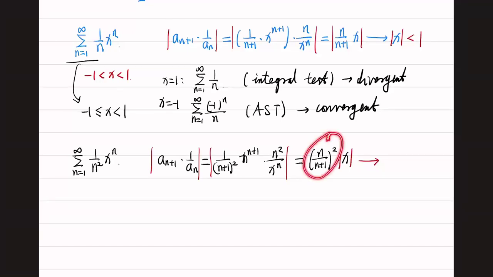This goes to 1. This stays. Again, for convergence, if it's less than 1, we have the interval of convergence. Next, we check the endpoints. So at 1, we have this series.